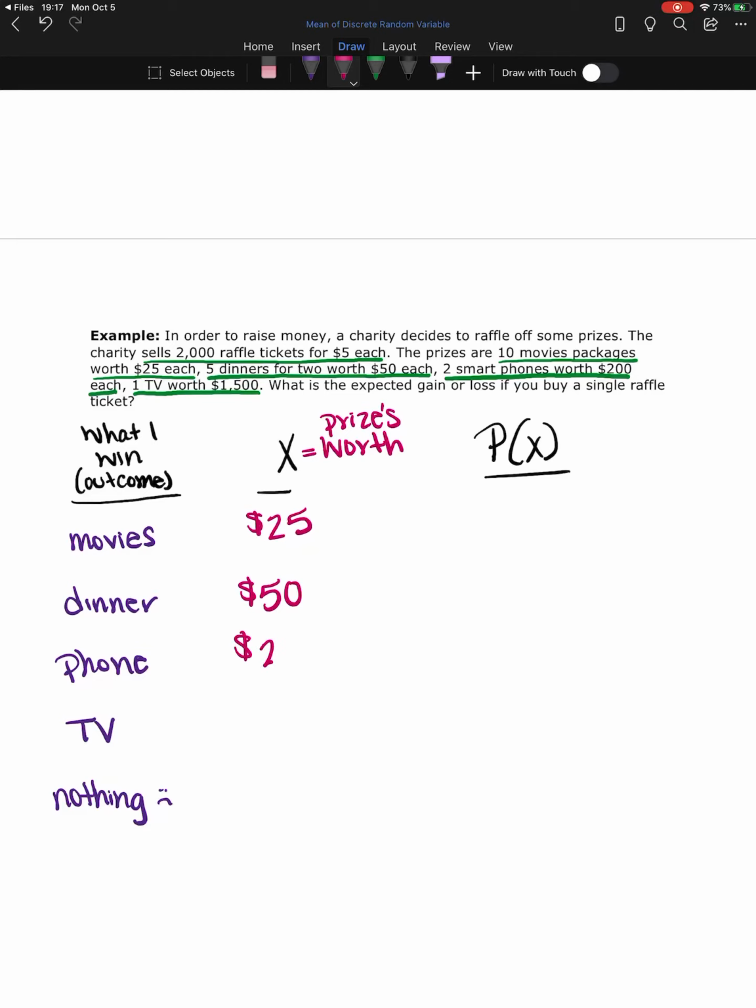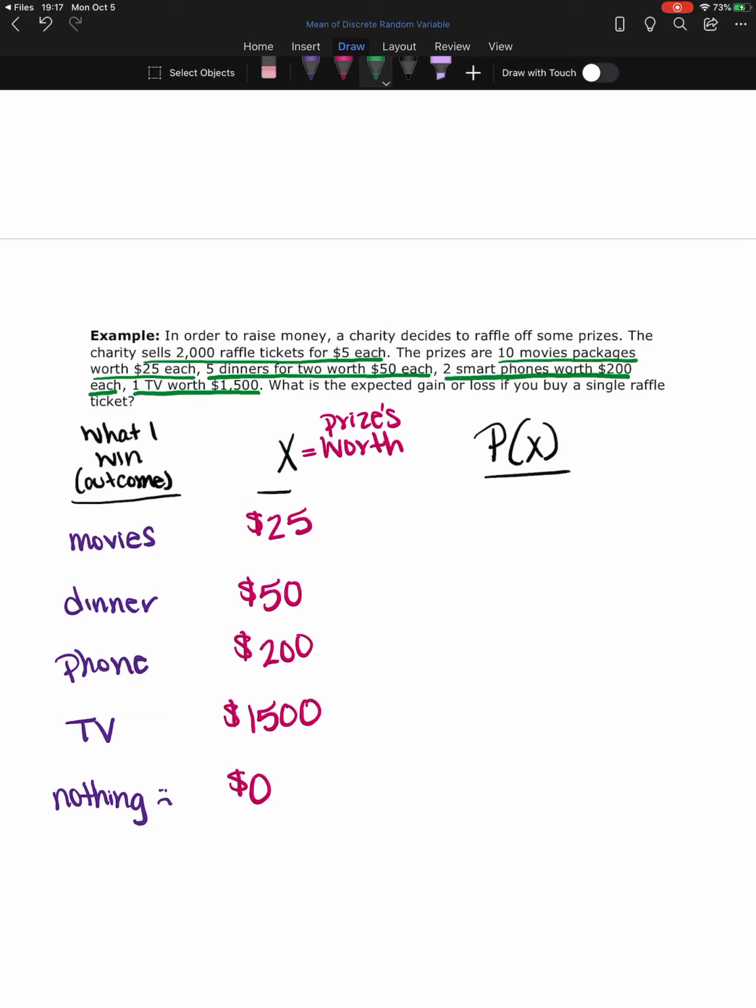Each smartphone is worth $200, pretty old smartphones. Each TV is worth $1,500, pretty expensive TVs. And if you win nothing, your prize is worth $0. So in this case, when we're looking at what we want to assign for our X value, we're going to assign the dollar amount for the prize that I've won.